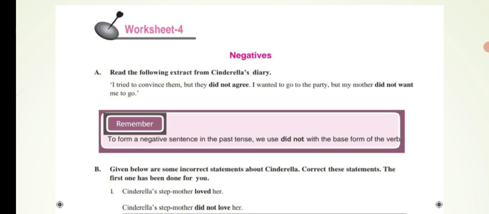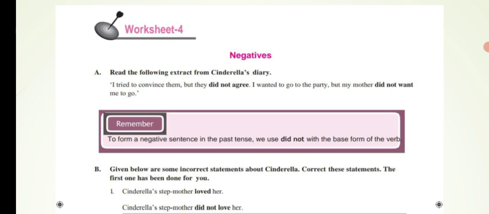As the first one is already done, let me read this for you all. Cinderella's stepmother loved her. We have to change this sentence into negative. When we change it, we will use did not, and with did not, we will use the first form of the verb. So Cinderella's stepmother did not love her.